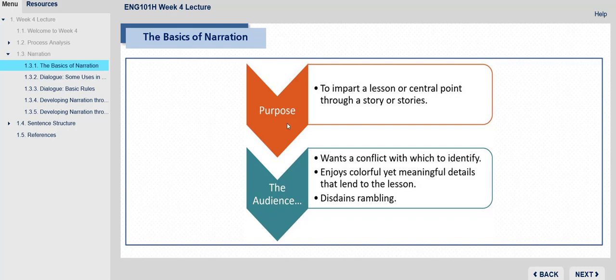And so the purpose of both kinds, the one-story narration as well as a multi-story narrative essay, is to give people a lesson, to teach people a lesson. By telling your story, you teach a lesson. That's the purpose of your narrative essay.